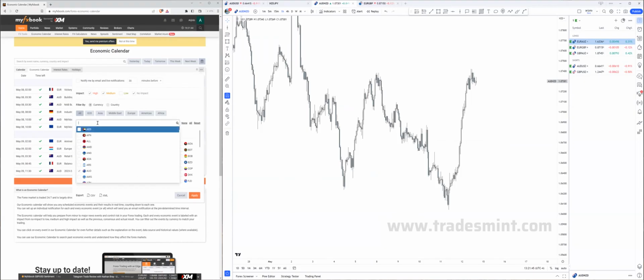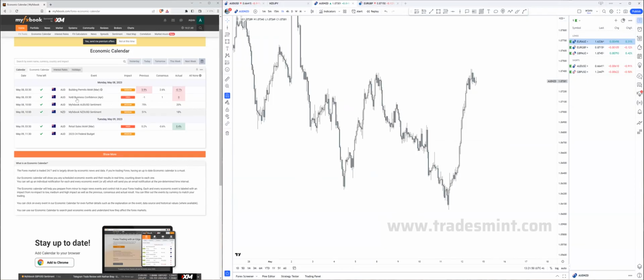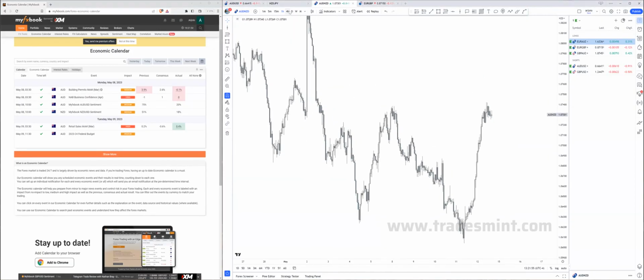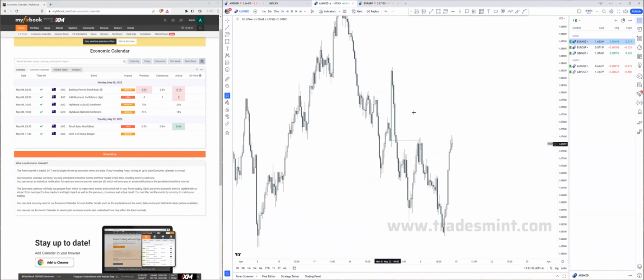Right here, we came into this 4-hour order block and we continued lower. Now, at which time did we come into this 4-hour order block? Australian dollar high impact news event. So everything is based around the news events.